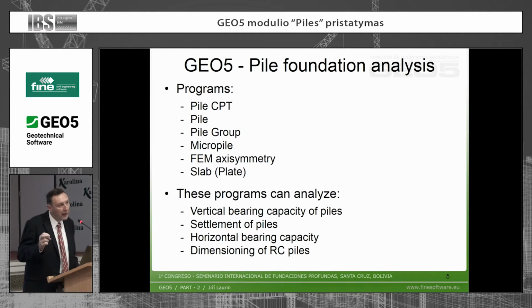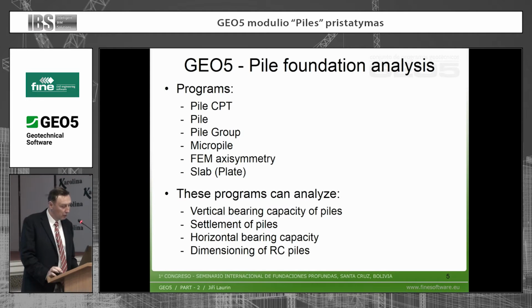So bearing capacity is very often defined as the load we have to apply on the pile to receive 25 millimeters of settlement.